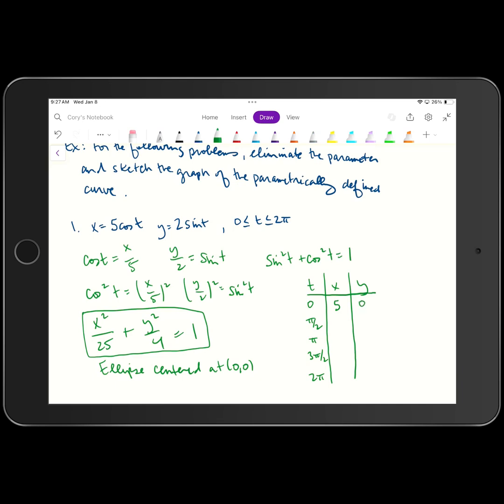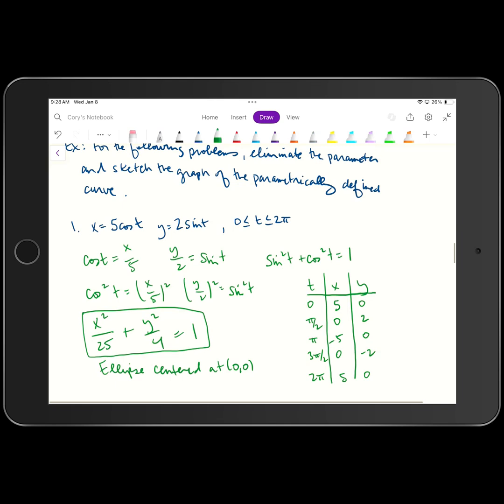At pi over 2, our x coordinate is 0 and our y coordinate is 2. At pi, our x coordinate is negative 5 and our y coordinate is 0. At 3 pi over 2, our x coordinate is 0 and our y coordinate is negative 2. And then at 2 pi, our x coordinate is 5 and our y coordinate is 0.